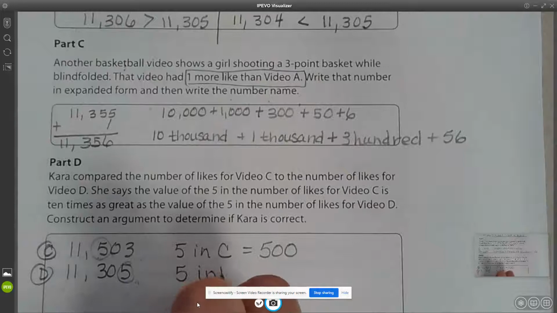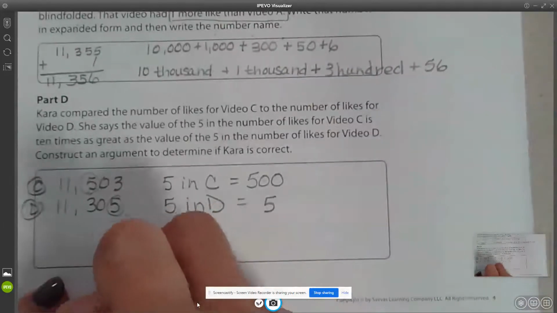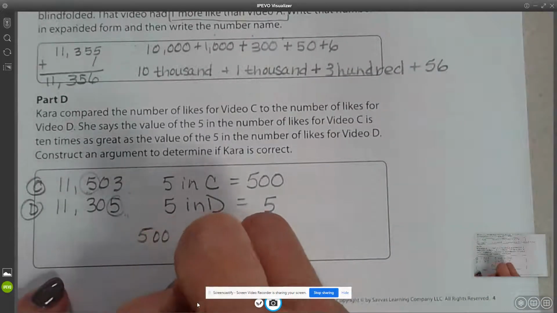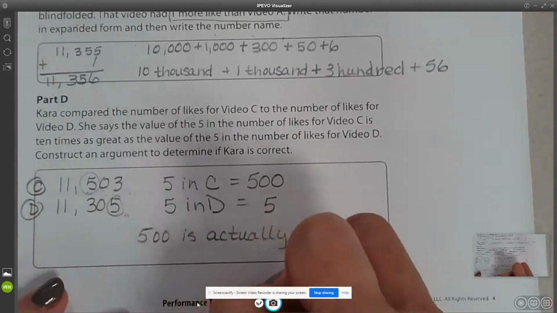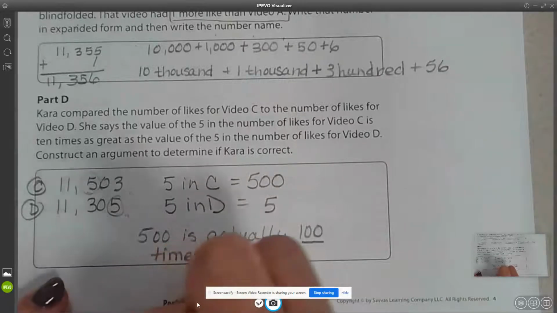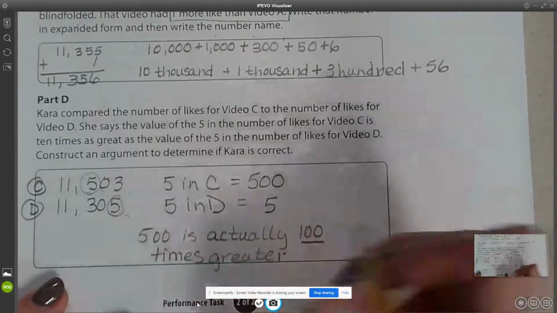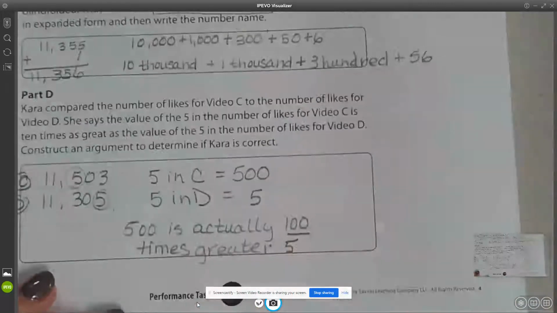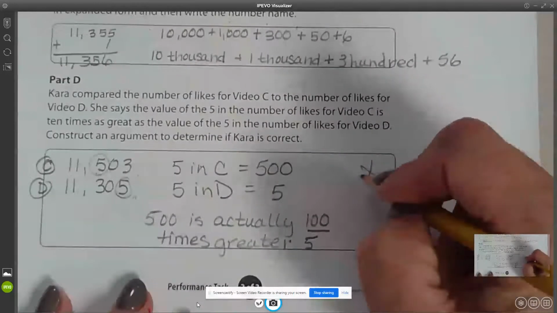The 5 in D equals 5. And then what I would say is 500 is actually 100 times greater than 5.